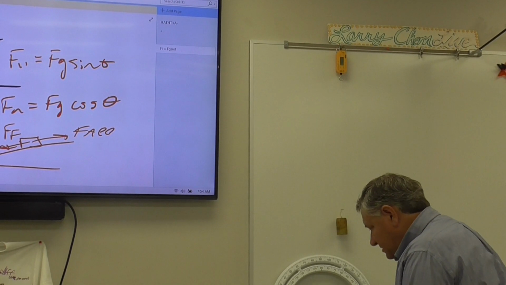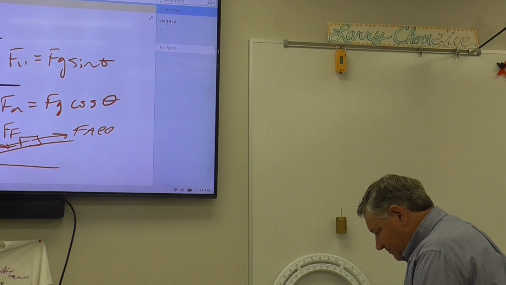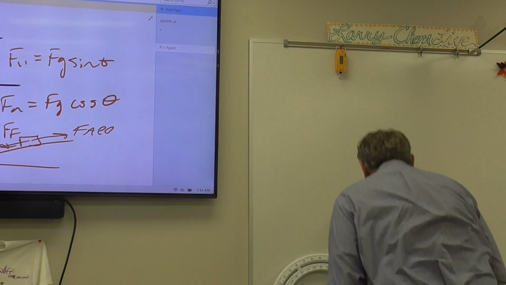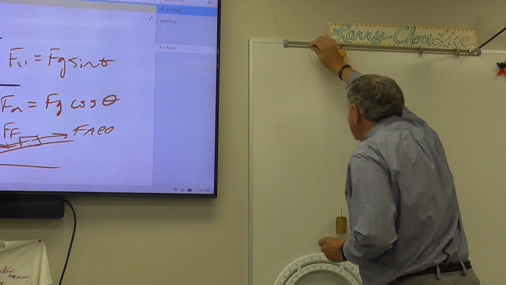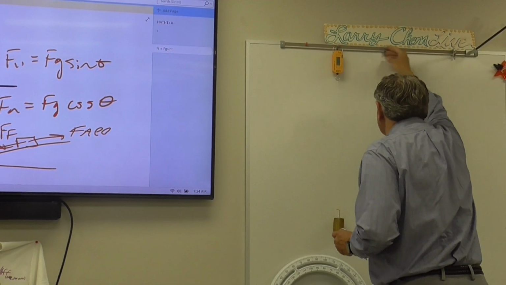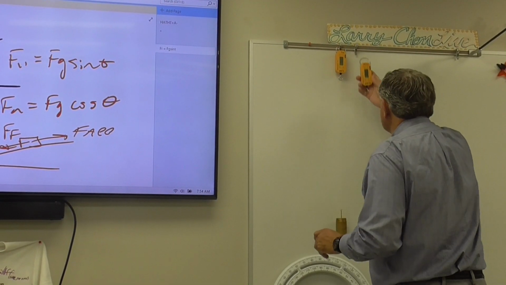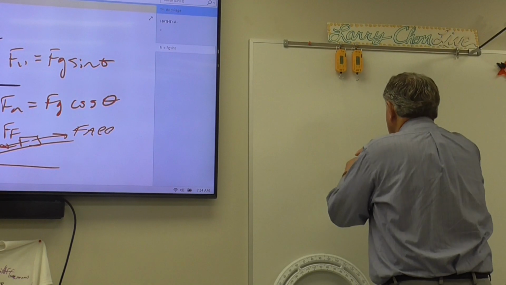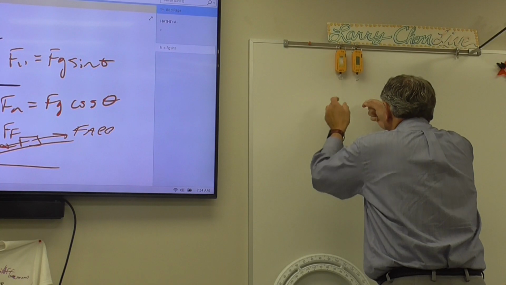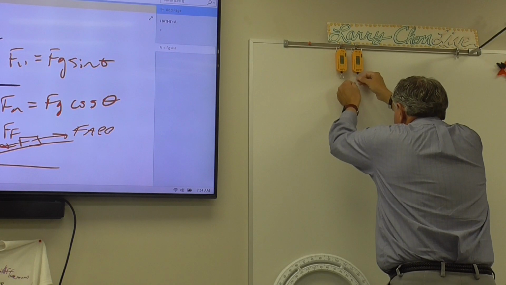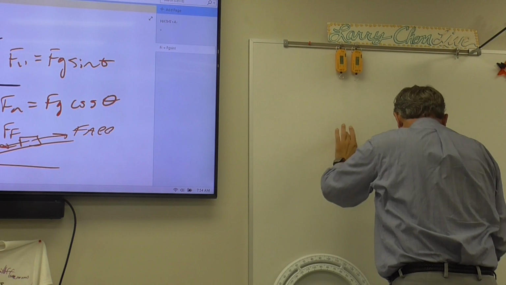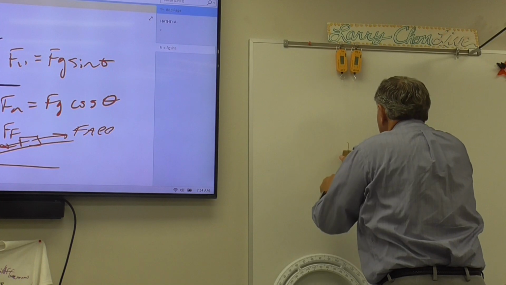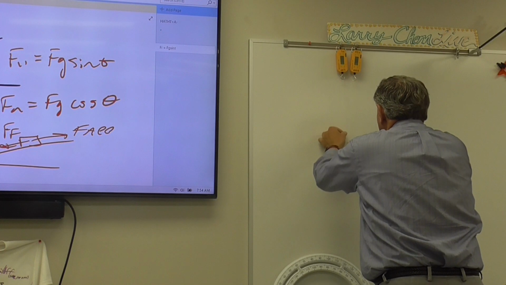Now, what I'm going to do is add a second scale, and I'm going to put that right beside it. So I'll put a second scale here, and I'm going to take this and loop this around like so, like this, and then I'm going to hang the weight in the middle.